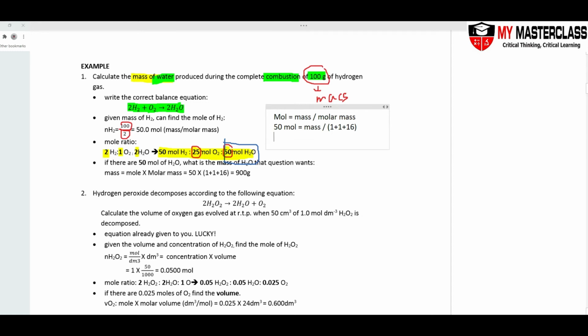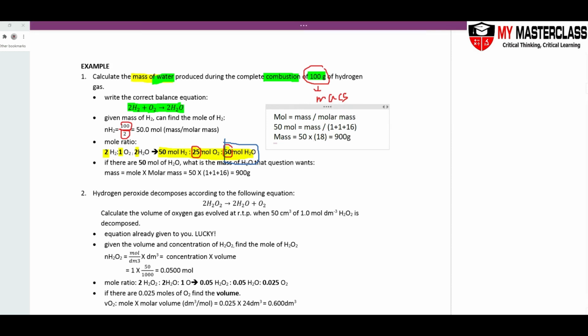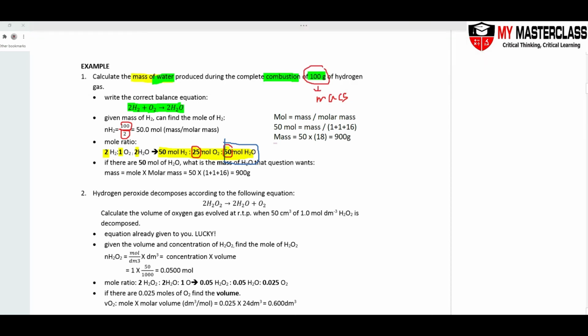So mass equals 50 times 18. Why is it times? This is your math manipulation: make mass the subject. This one is divide, bring to the other side, it becomes times. And you get 900 grams.